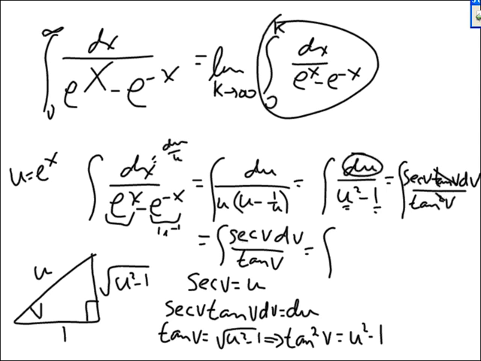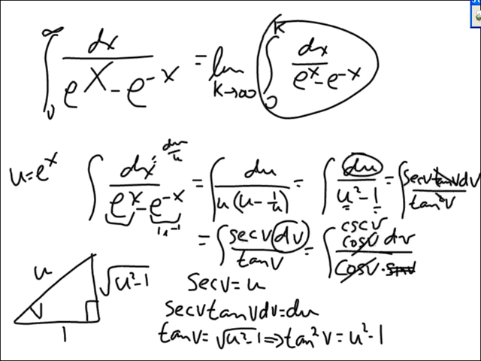And you know what? I hate anything other than sines and cosines. Secant v in the top is cosine v in the bottom. Tangent in the bottom is sine of v over the cosine of v. Let's not forget dv. So this cancels out, and sine in the bottom is really cosecant v on top.